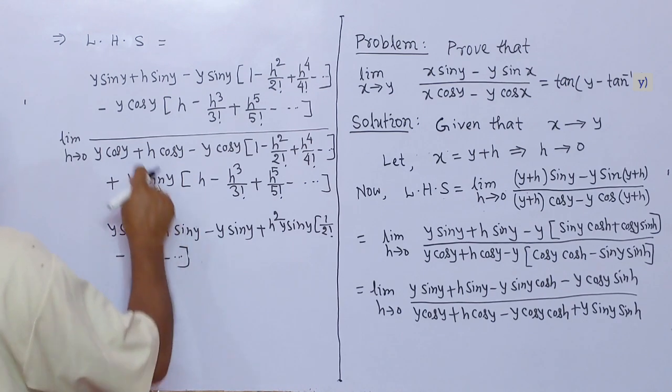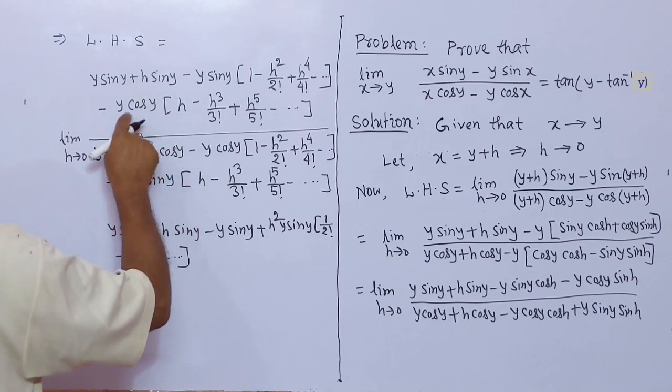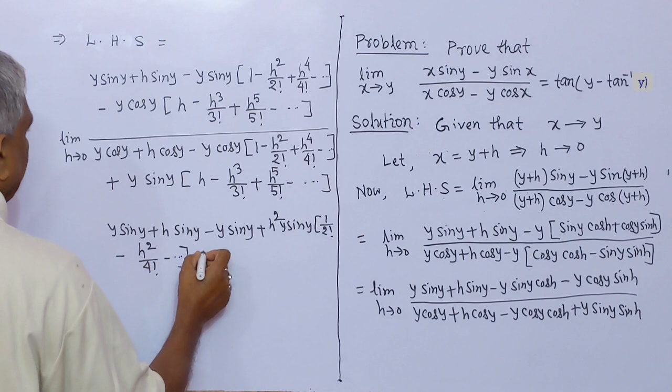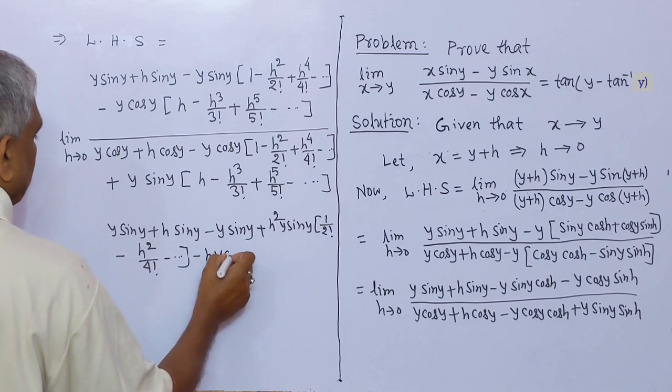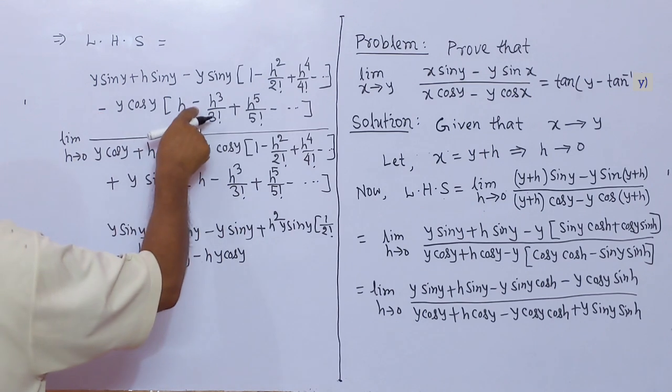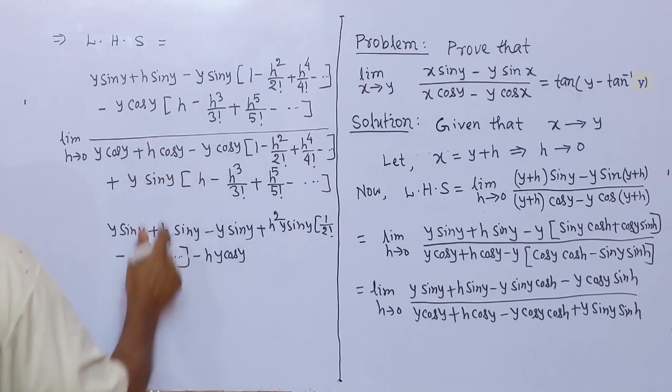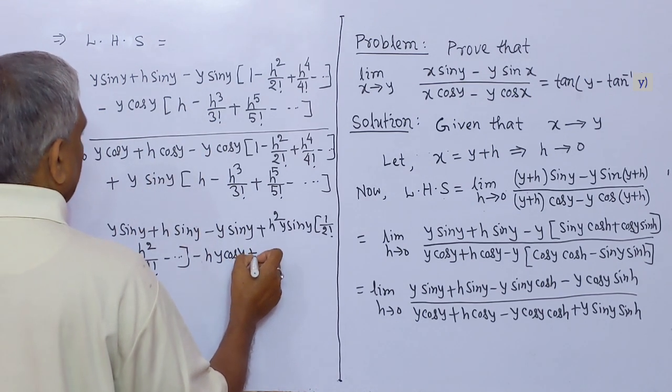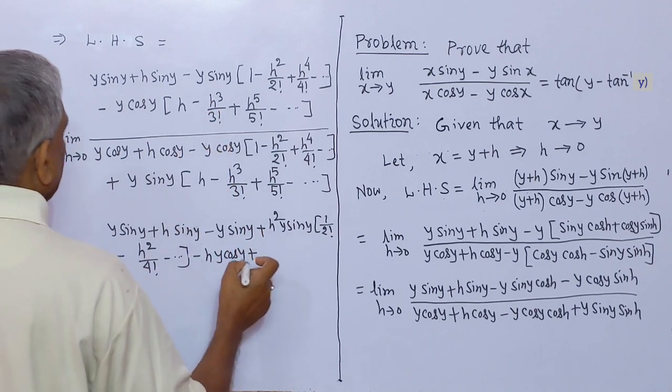Here minus h y cos y minus h y cos y. Here minus minus plus we take common h cube.